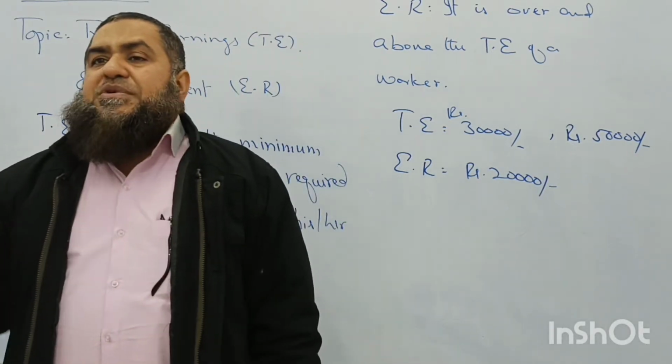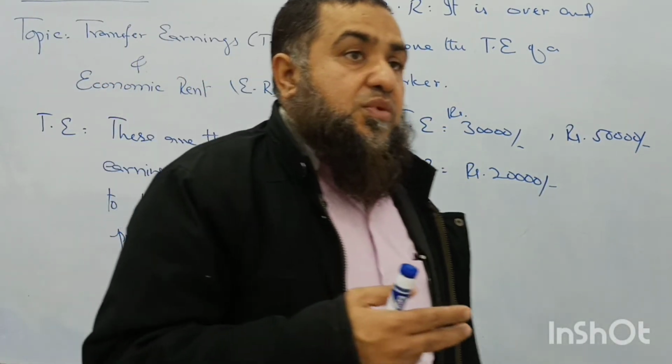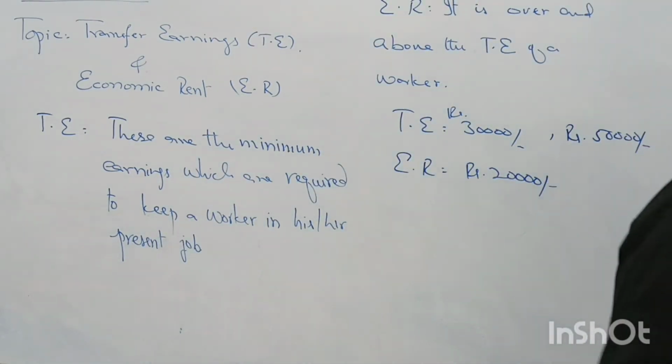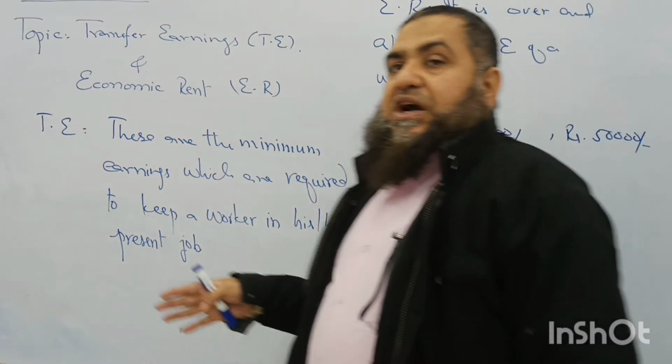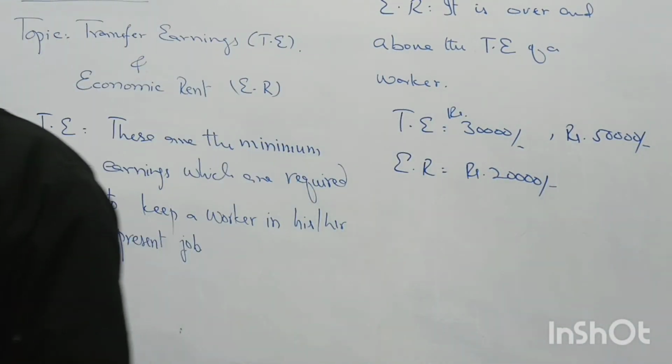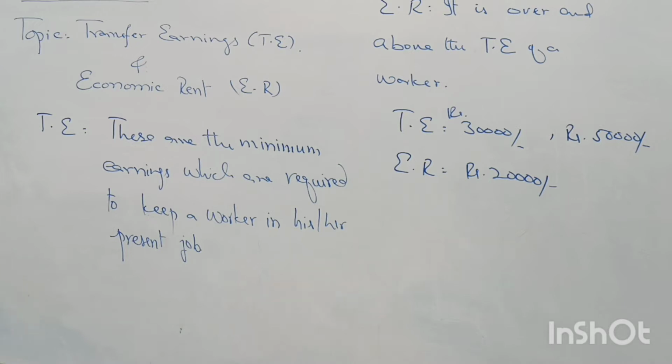If another job is going to offer him more than 50,000 rupees per month, whatever over and above he is going to receive, that is called the economic rent again and again. So the present earning of the worker at which he is receiving the money to do his present job, that is called the transfer earning, and whatever over and above he or she is going to receive for a new job or a new type of work, that is called the economic rent.